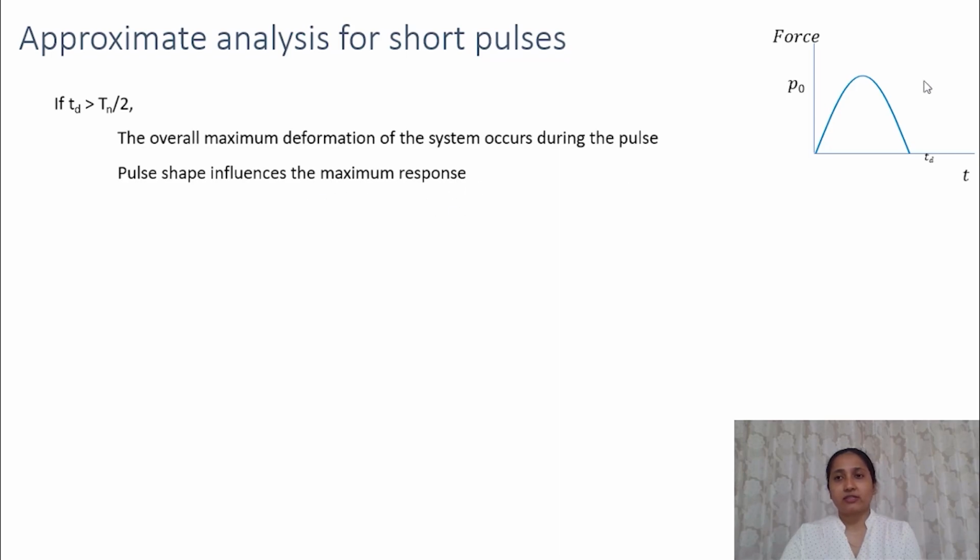In the case of a rectangular pulse, the maximum response during the pulse is higher than the response due to this sine pulse. That is because during the rectangular pulse, the load is suddenly applied.